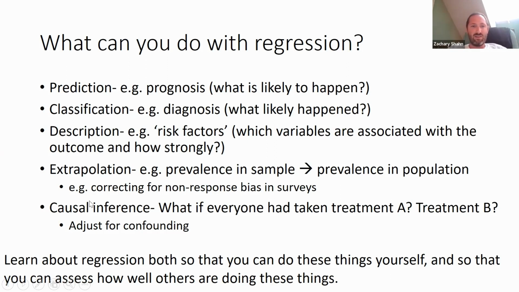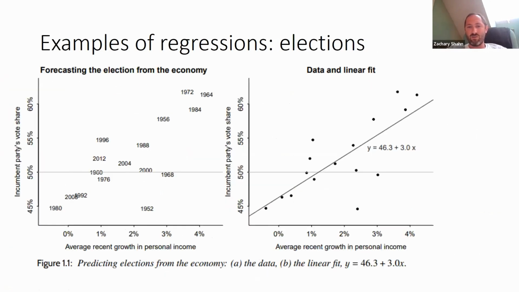And then finally, causal inference. In causal inference, the question is usually, what if everyone had followed a certain treatment strategy of interest? What if they had taken treatment A? What if they had taken treatment B? And regressions in this case can often be used to adjust for confounding. They can also be used to quantify effect heterogeneity.